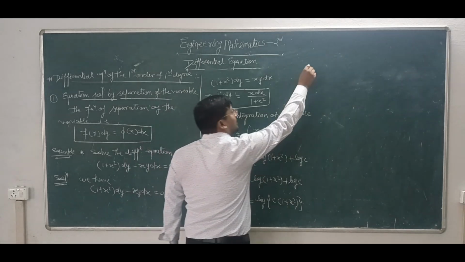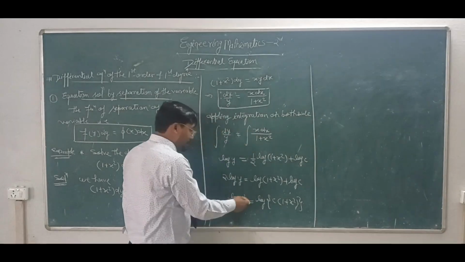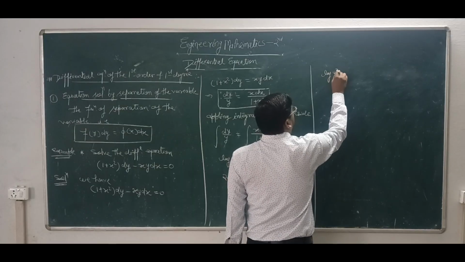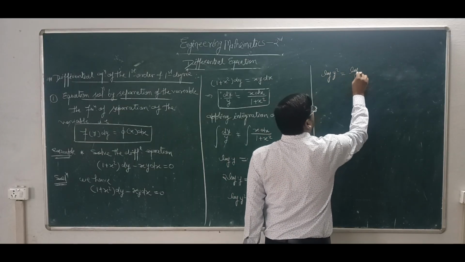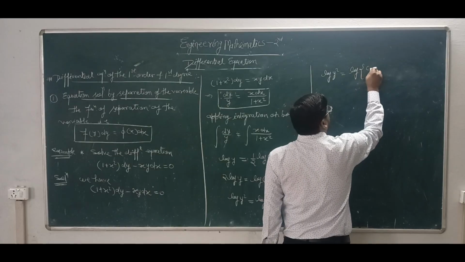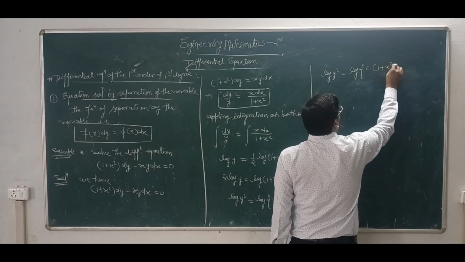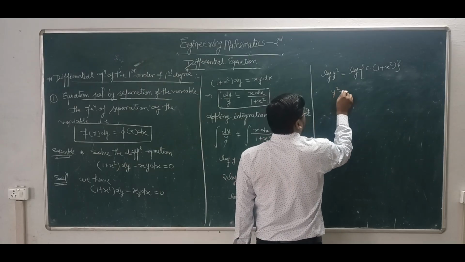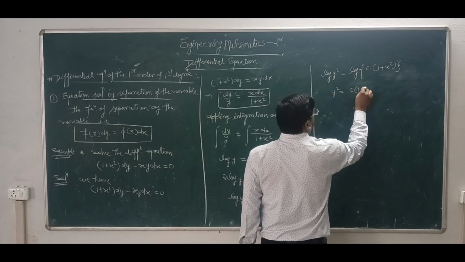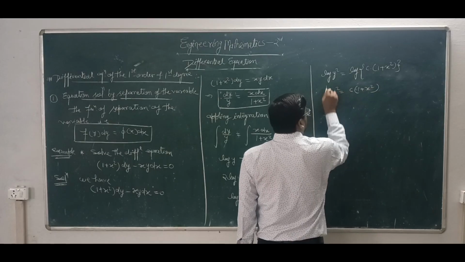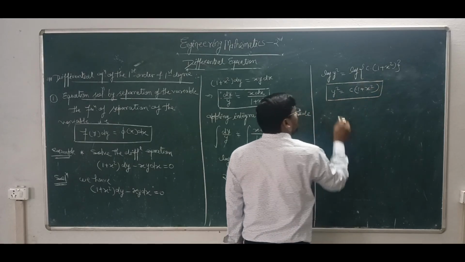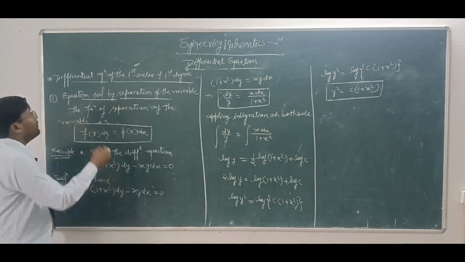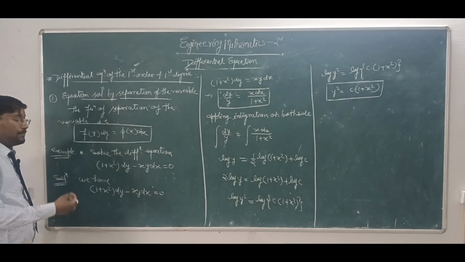Now the log will be cancelled. y square is equal to c (1 plus x square). This is the solution of the differential equation by the separation of variables.